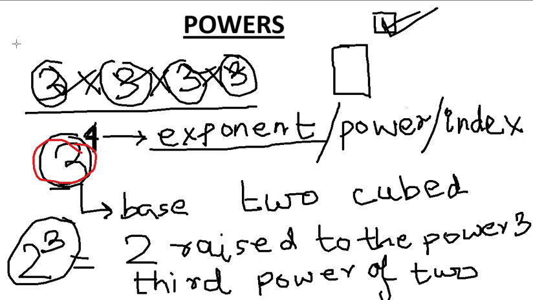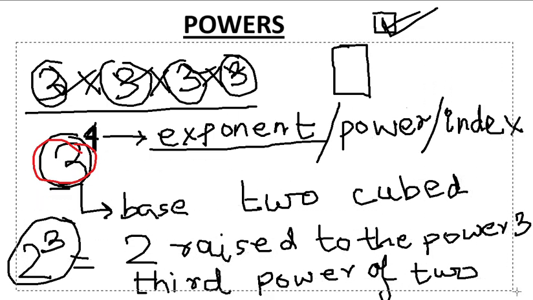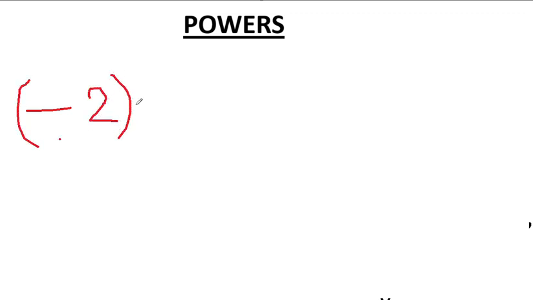Now, I'm going to give you a few formulas which are very important to do the sums of powers, or rather it is going to make the sums much more easier. Okay, so before I get started with the formula, let me give you another question. If I have something like this, negative 2 to the power of 3, okay?